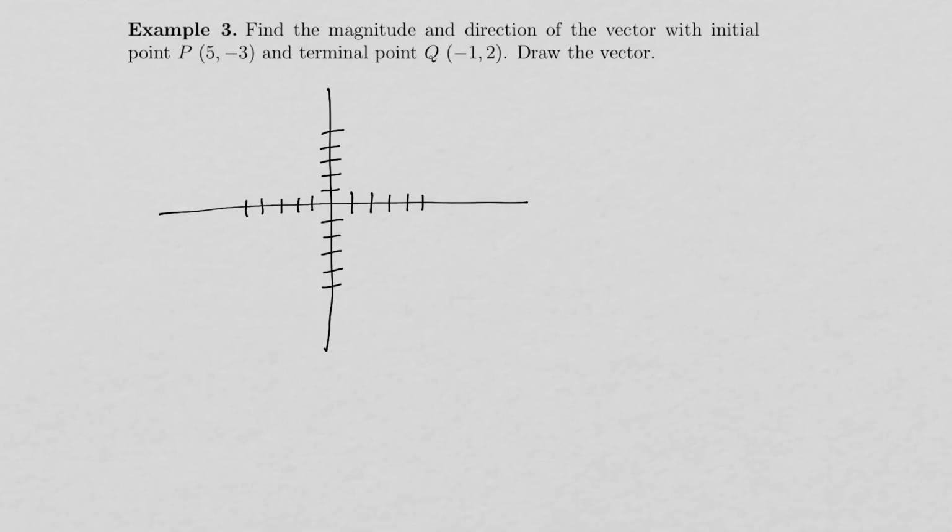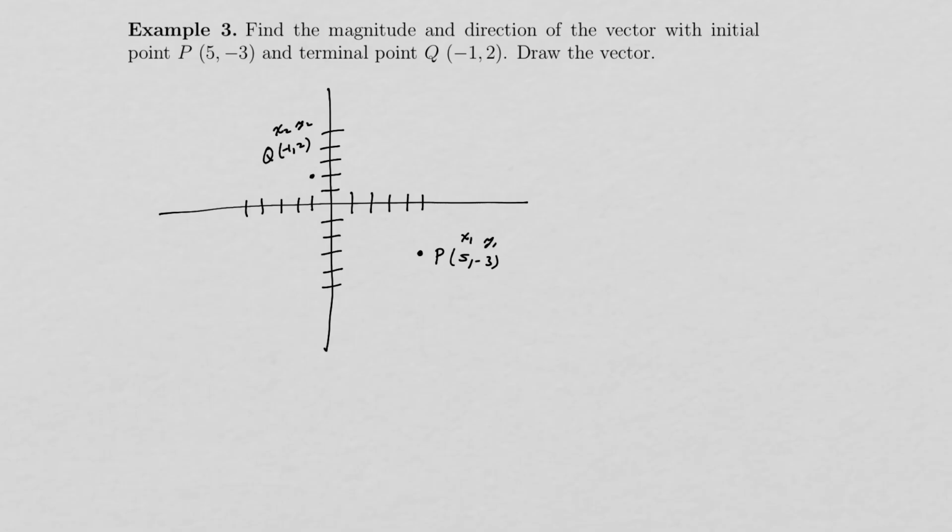Okay, so (5, -3) is going to be here. That's my P, which you can think of as (x1, y1). And then the final point is (-1, 2), which is going to be here. So this is Q, (-1, 2), like (x2, y2).